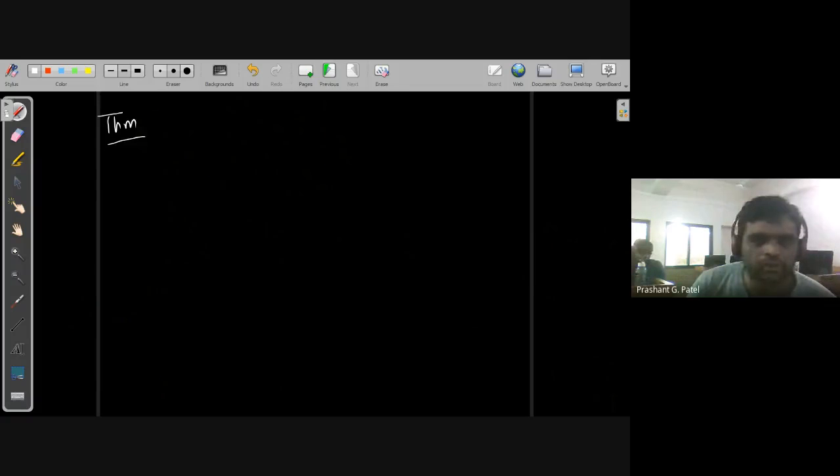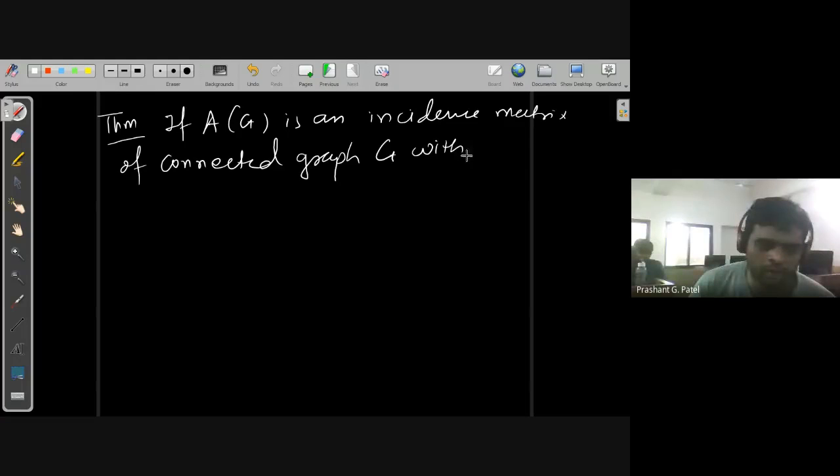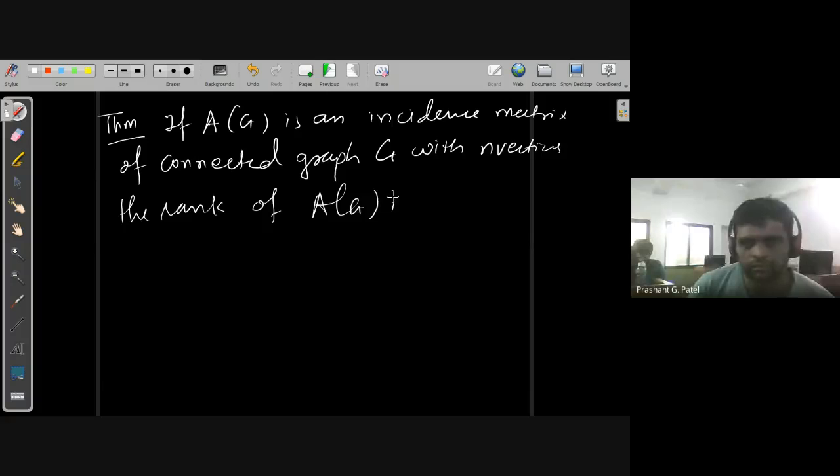We will not discuss the proof: if A(G) is an incidence matrix with n vertices, then it has rank n-1.